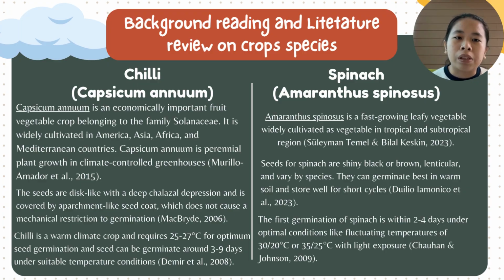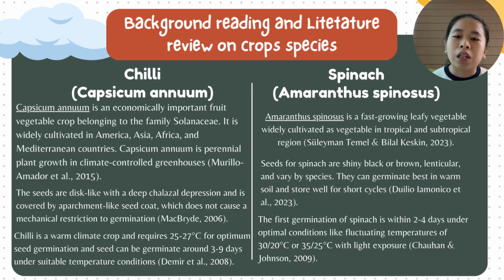Capsicum annuum is a perennial plant grown in climate-controlled greenhouses. Chili is a warm climate crop and requires 25 to 27 degrees Celsius for optimal seed germination, and seeds can germinate in around 3 to 9 days under suitable temperature conditions. The seed is disc-like with a deep chalazal depression and is covered by a parchment-like seed coat, which doesn't cause a mechanical restriction to germination.